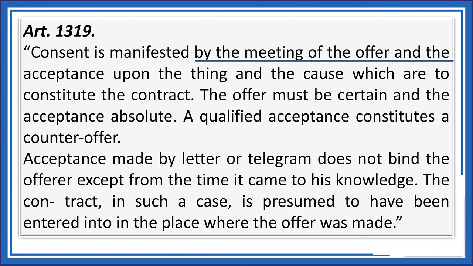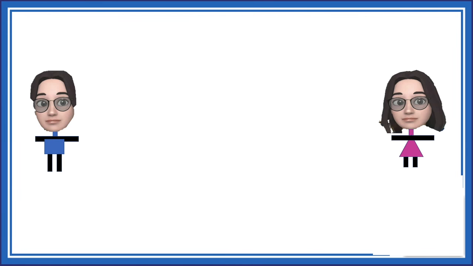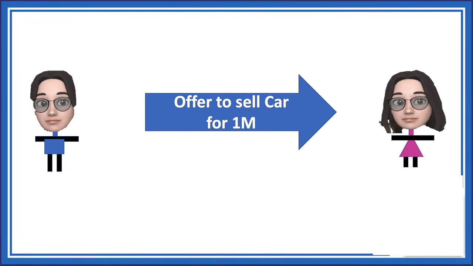Di ba? So, if Pogi offered to sell his car to Ganda for, say, 1 million pesos, tapos hindi pa nagko-consent si Ganda na bibilhin niya yung car ni Pogi, and then, nag-withdraw na siya sa offer niya, ayaw niya na daw ibenta. So, question, was Pogi allowed to do so?